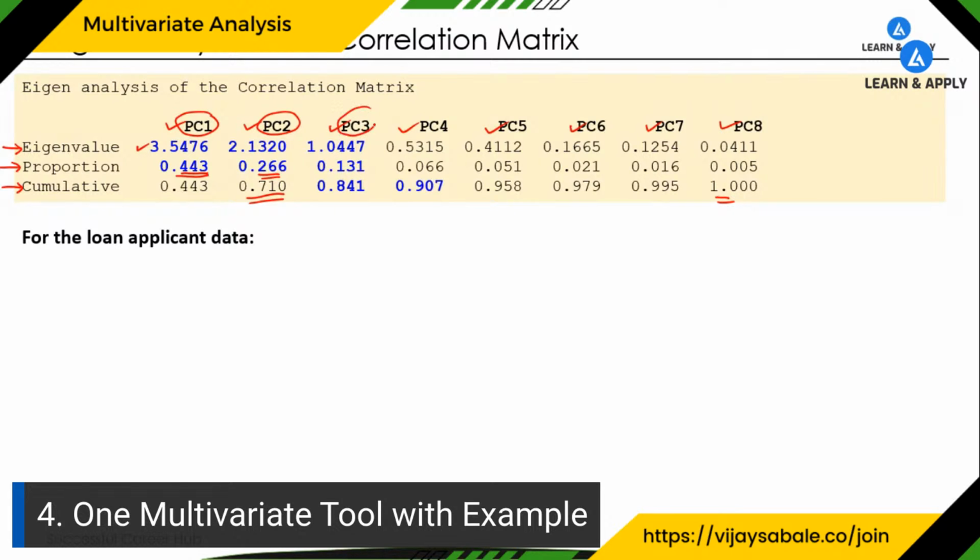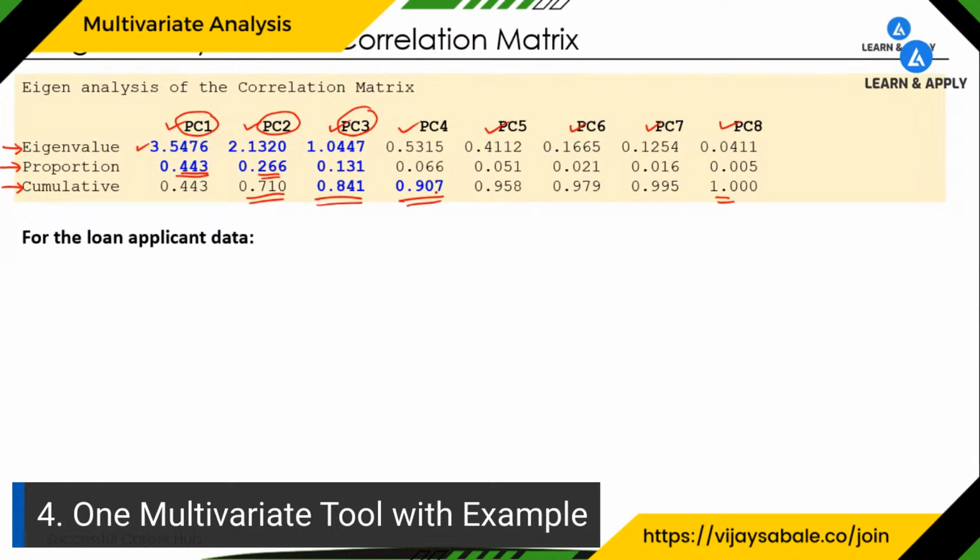Principal component 3 has an eigenvalue of 1.0447 and its contribution is 13.1%. If you add principal components 1, 2, and 3, all three together explain 84.1% of the variation. The fourth component explains 6.6%, and if you add all four, they explain 90.7%.